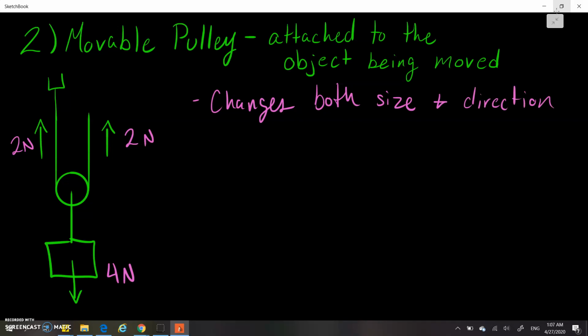Because of this, we can see that I have two different forces pulling up for one force pulling down, and so your ideal mechanical advantage in this case is 2. Generally speaking, it's going to be 2 because I have two forces that are pulling up against the one.